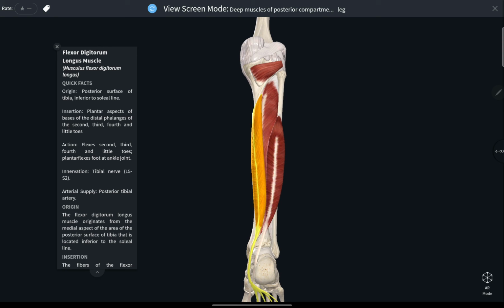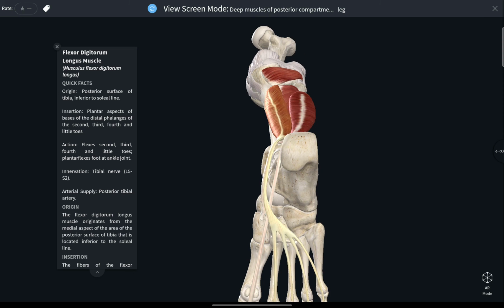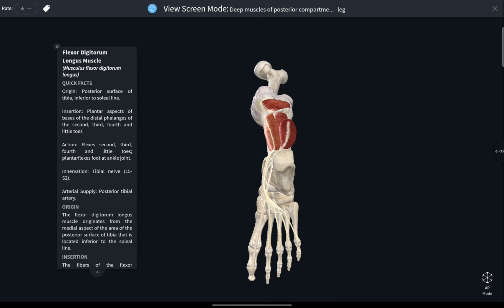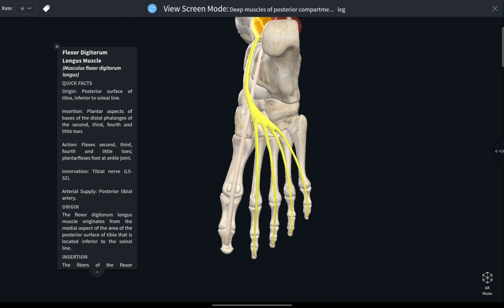Here you can see, and it goes like this, and it inserts to the plantar aspect, base of the distal phalanx, second, third, fourth, and little toe. It is also innervated by the tibial nerve. It can flex the second, third, fourth and little toe, and it also plantar flexes the foot at ankle joint.